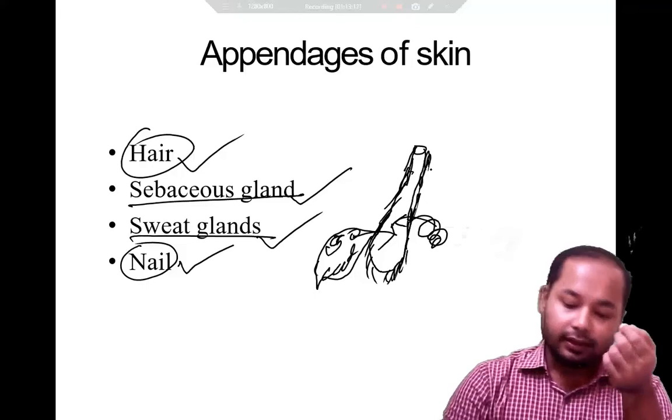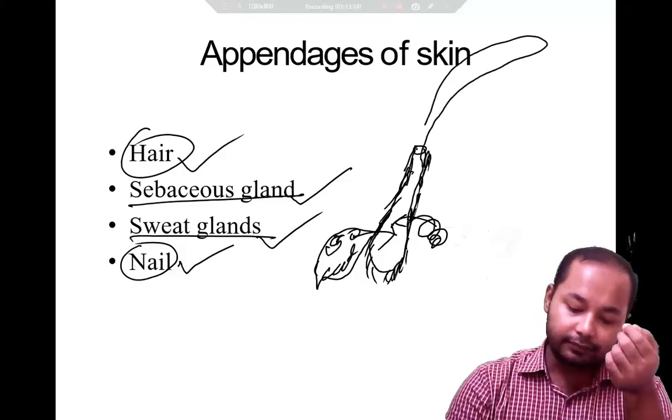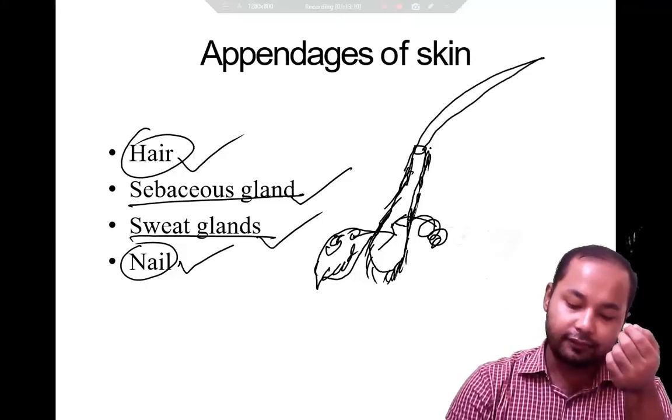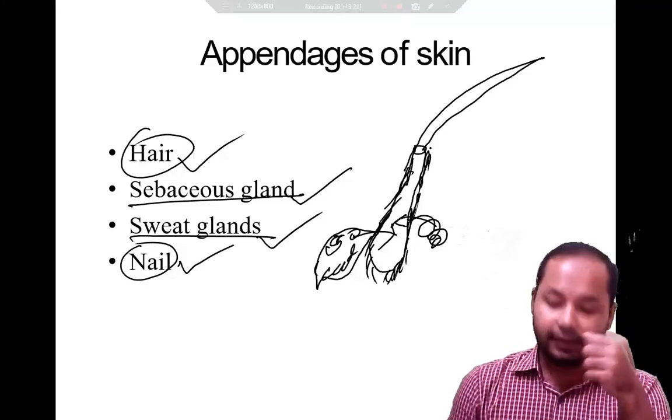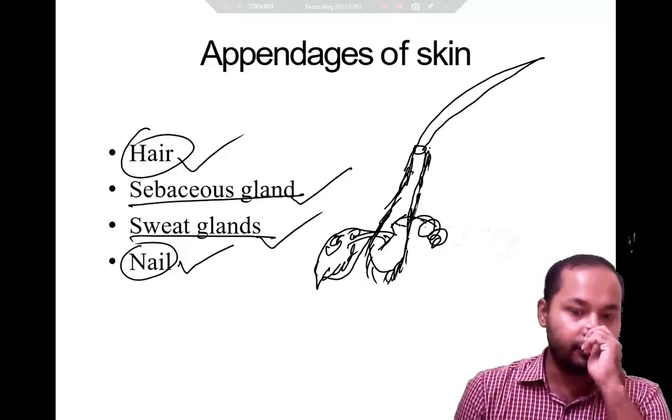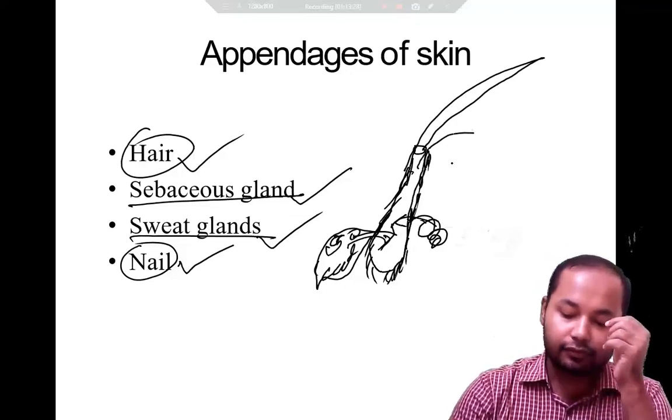Okay, through the hair follicle. This is the hair follicle. Sorry, I didn't draw the hair like that. Through this hair follicle, at the root of the hair follicle, you will get the sebaceous and the sweat gland secretions being thrown, and they are coming out through the pores.